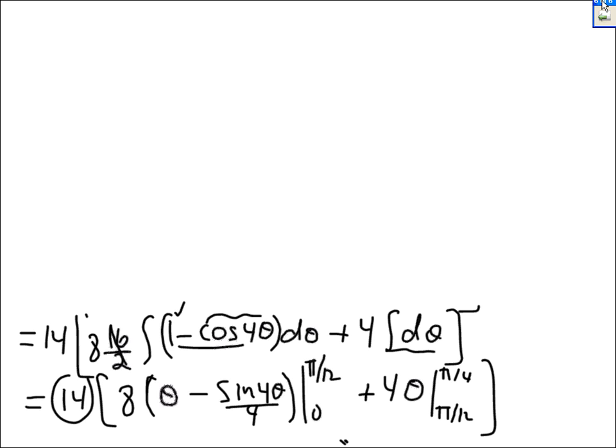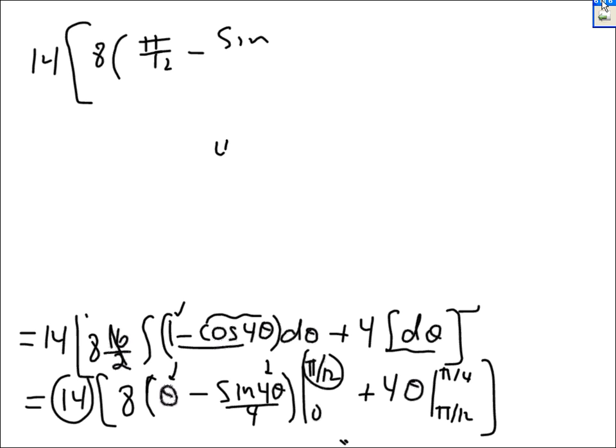So I have 1/4 in front of everything, and then I plug in pi over 12 for theta. So I get 8 times pi over 12 minus the sine of 4 times pi over 12. And 4 goes into 12 3 times.